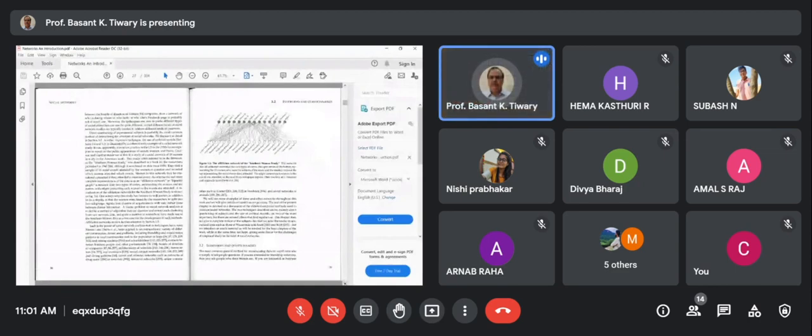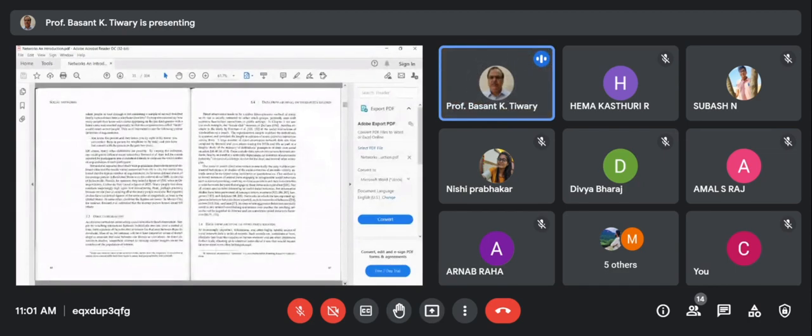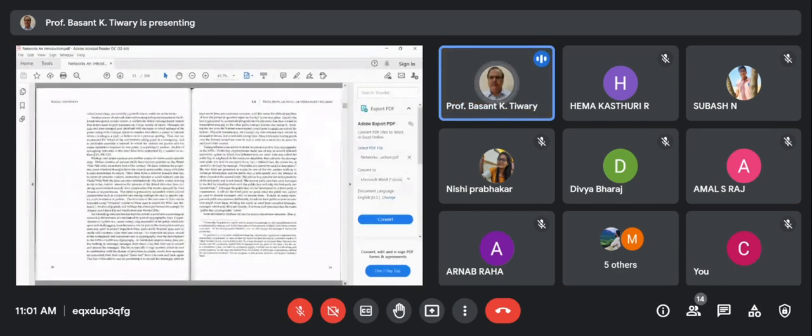Now here our focus is on the biological network, not on other types of network.